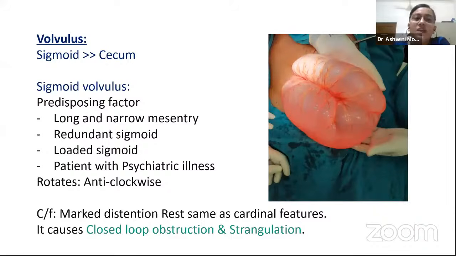Investigation: AXR, what will we be able to see in closed loop obstruction? Only the dilated loop will be seen here. Only the loop inside will be seen as the dilated one.